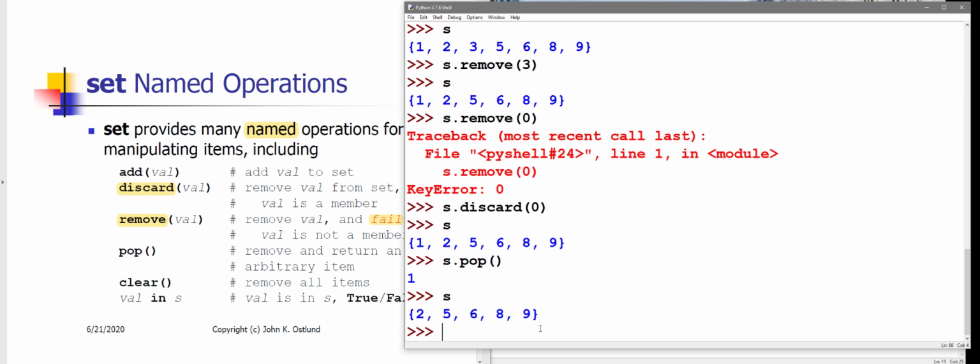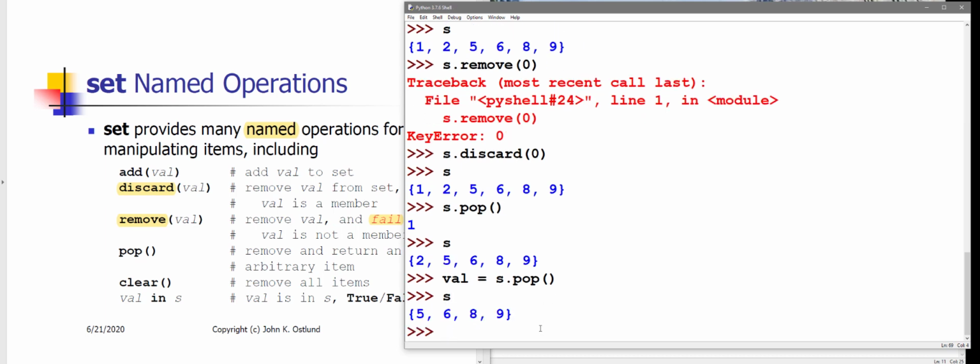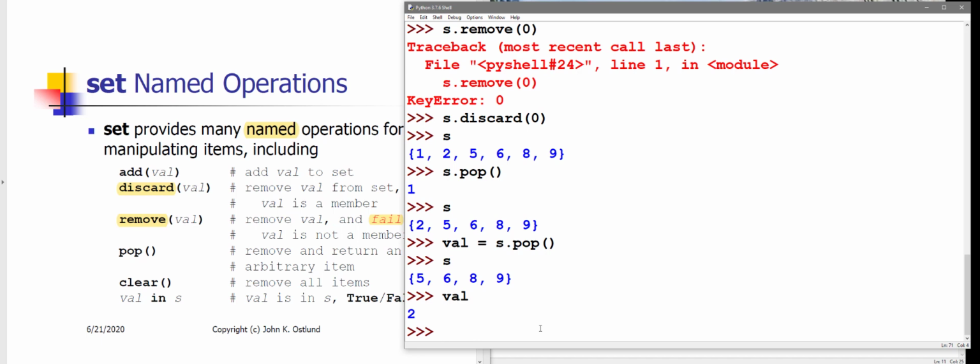But what returned means, of course, is that I could set up a variable to contain the value from pop, or to refer to the value that has been popped. All right, so some item has been popped from the set by s.pop. So the set S now has one fewer item than it had before, and apparently the 2 was popped, and sure enough, val is referring to 2.